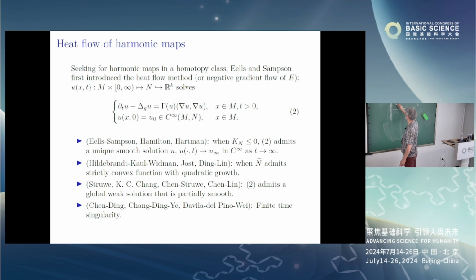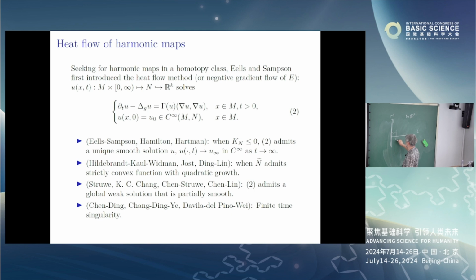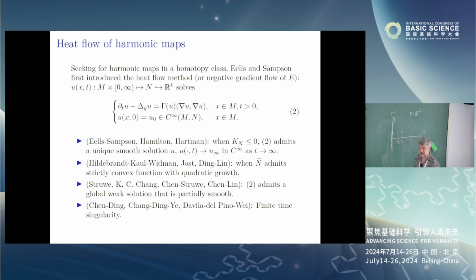You're going to hit the first singular time where you blow up, at finitely many points in space. Then, because you know exactly how you blow up, there is a way to restart the flow, and then you blow up again at time t2 and so on.